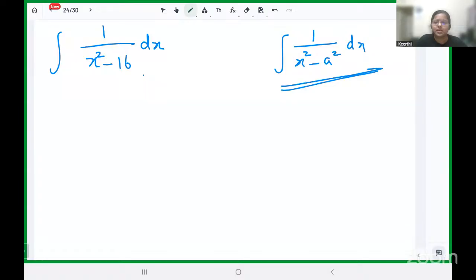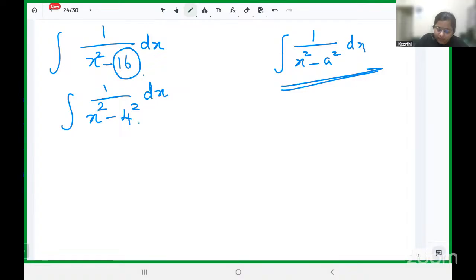Integral 1 by x square minus a square, we have studied it. 1 by 2a log mod x minus a by x plus a plus c. That was our result. So can we change this one into that result? Yes, because 16 can be written as 4 square. So we can change this into 1 by x square minus 4 square dx.